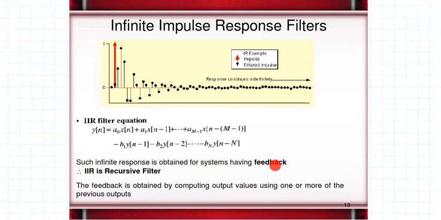What we understand now is that FIR filters do not have feedback as they depend only on the present and past inputs, whereas IIR filters, which are infinite in length, involve feedback. To get such an infinite response, you need to have feedback in the system. And the moment there is feedback, the output is a function of past output terms. Such IIR filters, involving dependency on past output values, are said to be recursive filters. So IIRs are basically recursive filters.